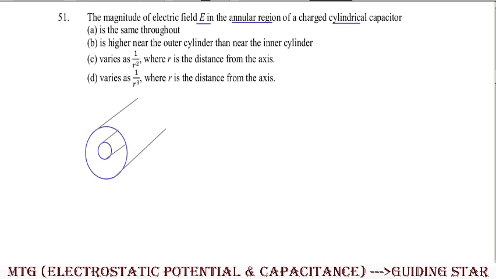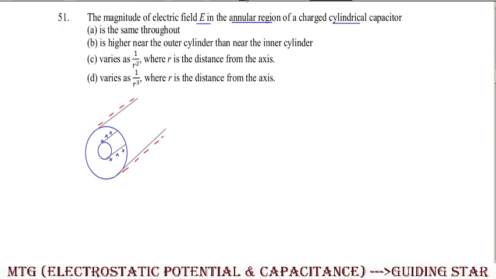Okay, so here in this particular case, assume that the inner cylinder is positively charged, clear, and the outer cylinder is negatively charged, clear. So the outer cylinder is negatively charged and the inner cylinder is positively charged.